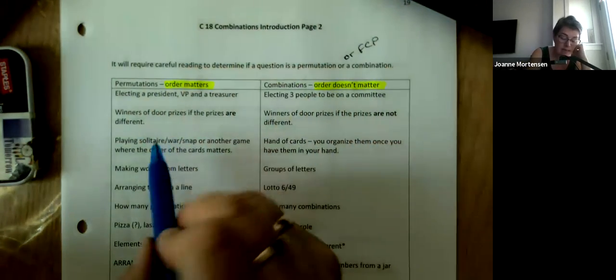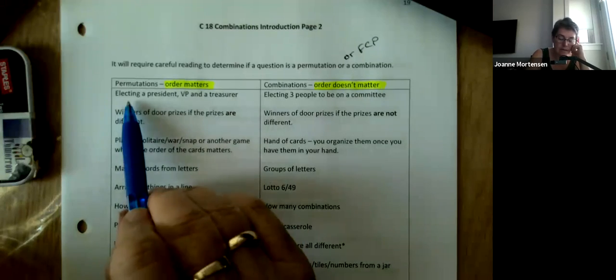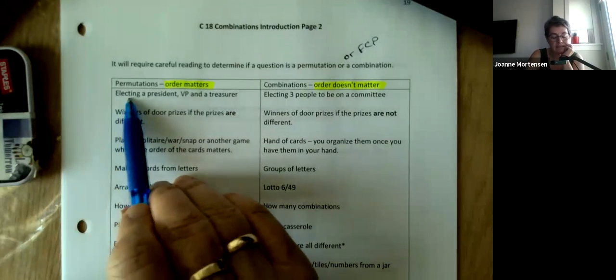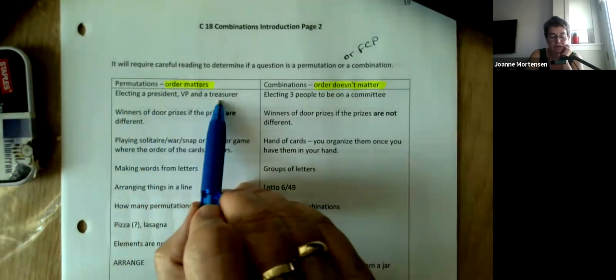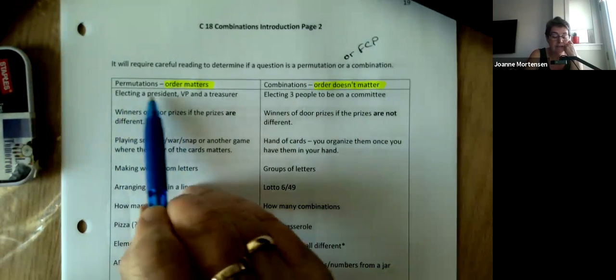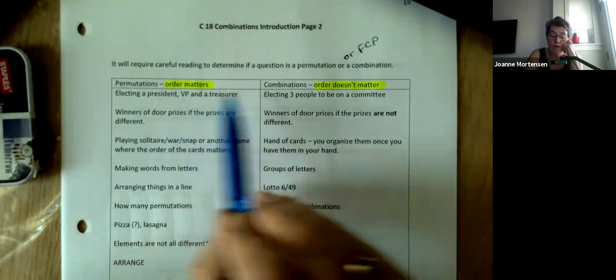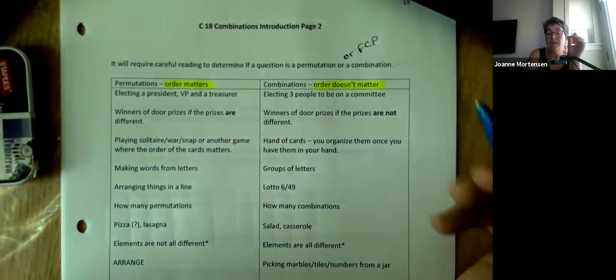Some of the key words, and I tried to make them parallel. So a permutation is electing a president, a vice president, and treasurer, because those 3 people have different jobs. Someone looks after the money, someone organizes stuff, and I don't know what a VP does, but it's different, right? Whereas if we elect 3 people on a committee, that's a combination.